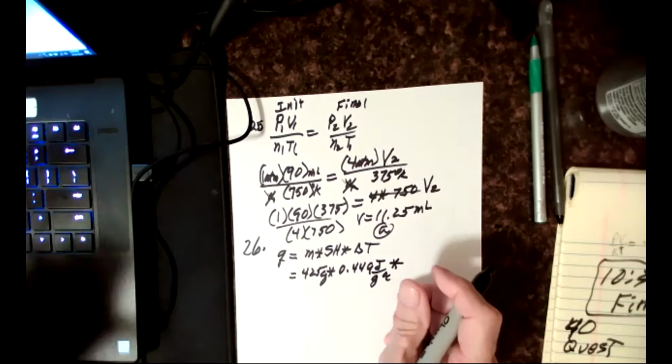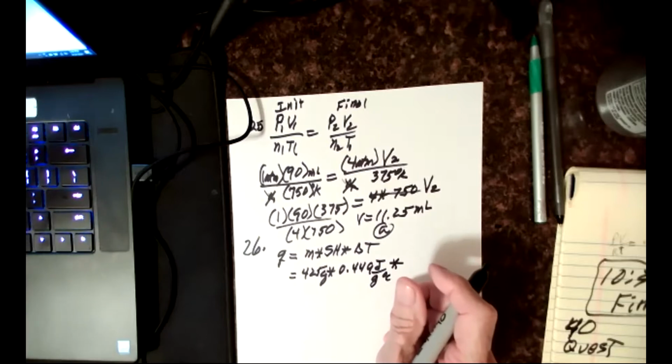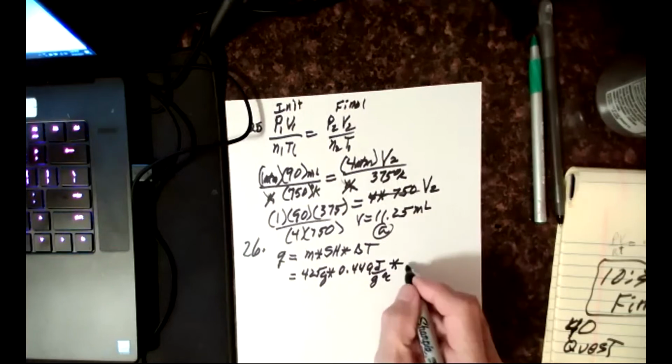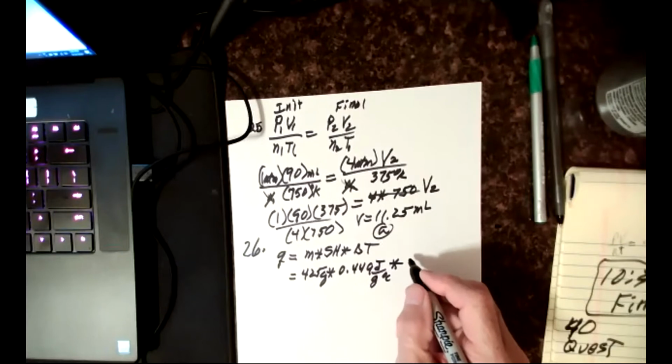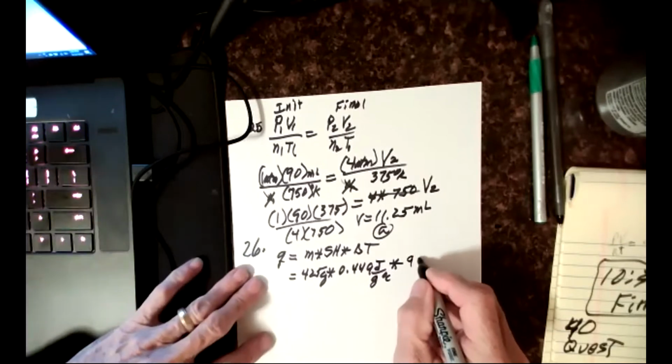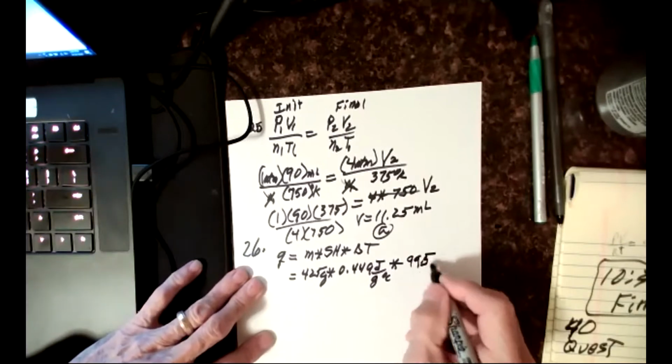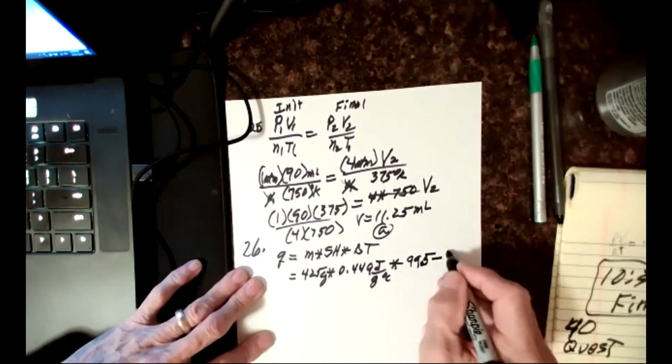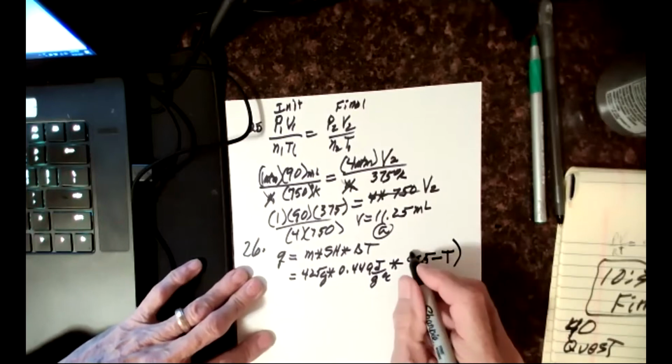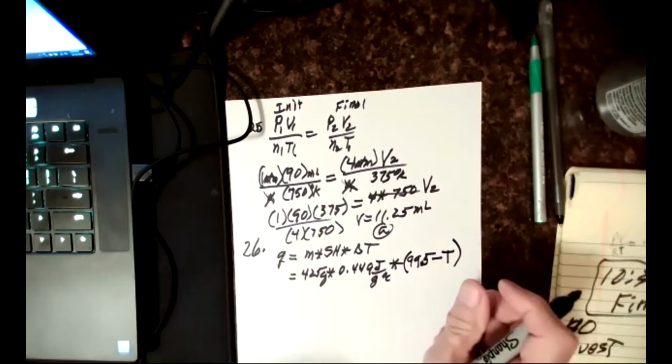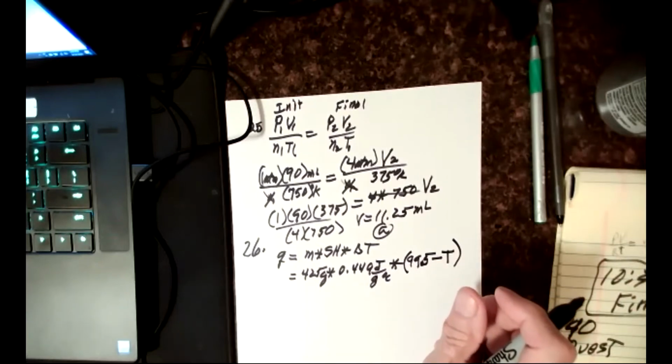And the temperature change: we've dropped it in from what its temperature was, 99.5, and it's going to decrease its temperature to this value T. I don't know yet what that is. Let's see if it's information given.